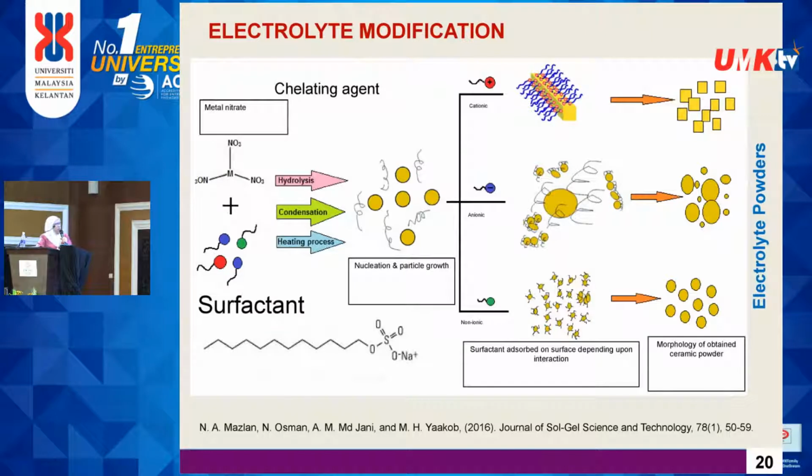From the various types of surfactants, we found that the non-ionic surfactant, which is Brij 97, gives a homogeneous morphology, so that we get a dense electrolyte at low sintering temperature.